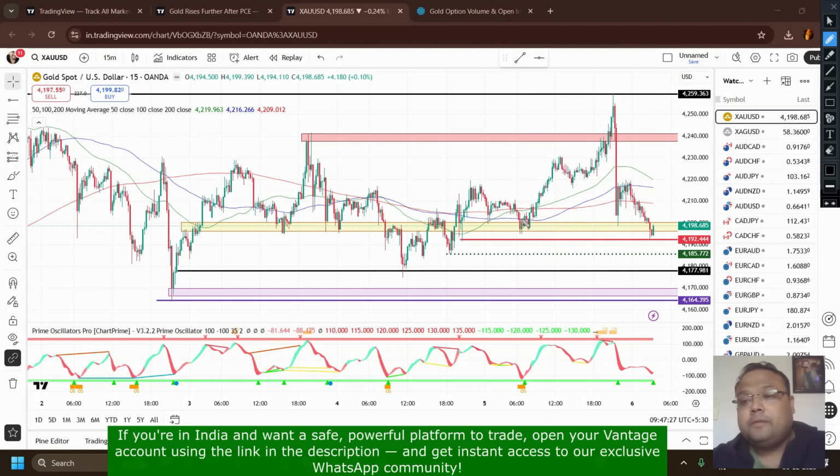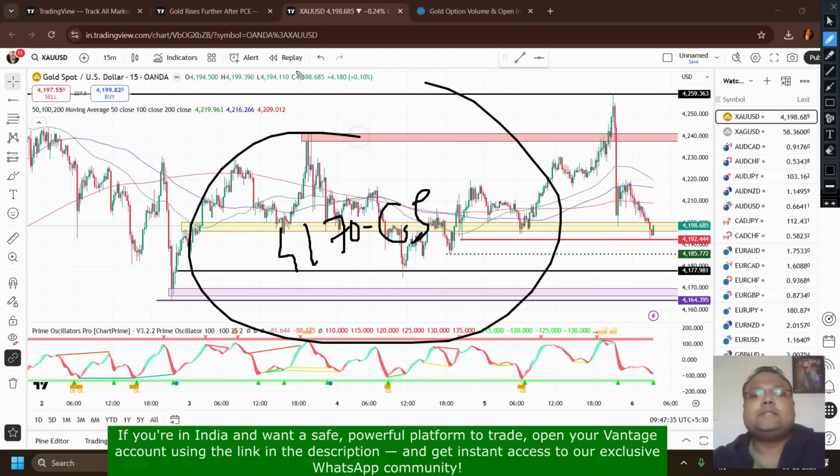And remember the logical support. Yes, the logical support is still the same, 4170, 4165. This level is still valid in the market. If the market takes support, we can look for a buy position around 4170-65. The reason is that earlier, this is the level from where the market has taken support and bounced. To be honest, I don't think that right at the market opening the market will be going below 4170.